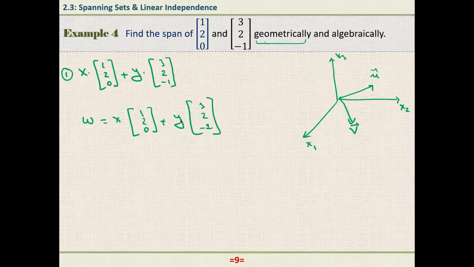we need to do this algebraically. The second part says to find the span of these vectors geometrically and algebraically.